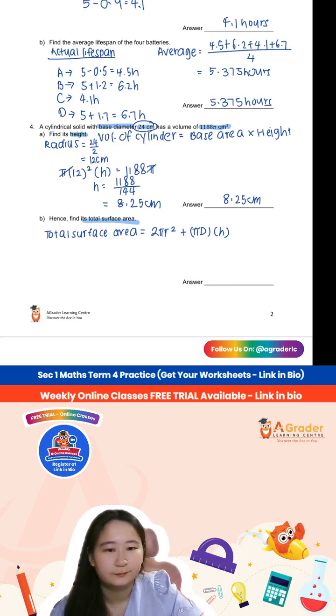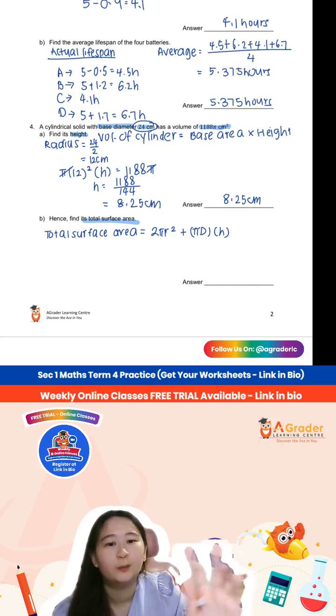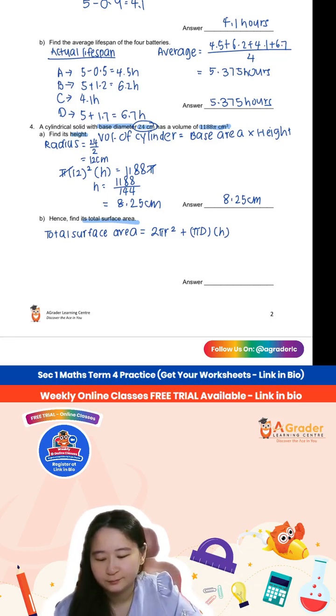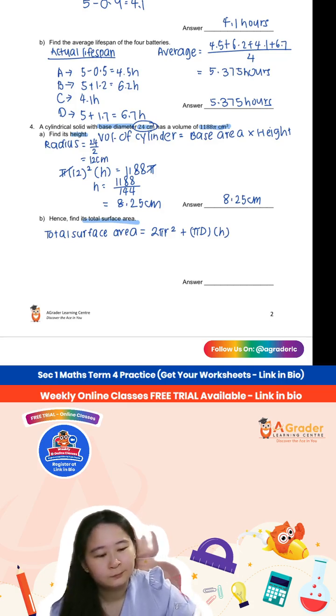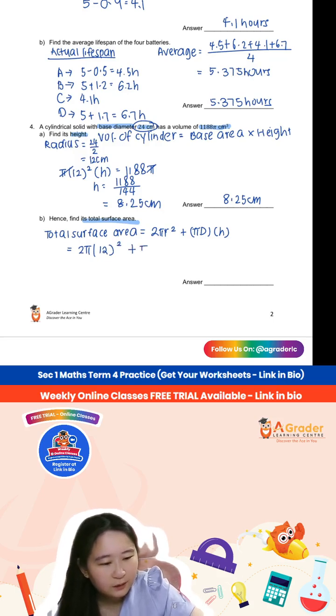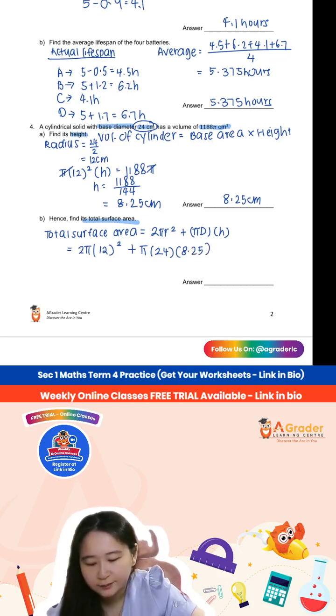So the curved area when you open up, right, it will look like a rectangle. The circumference is like the length of the rectangle. So we know the radius is 12, diameter is 24, height is 8.25.